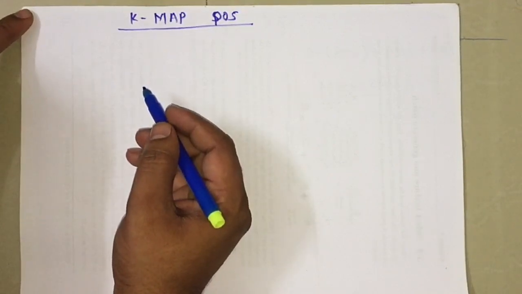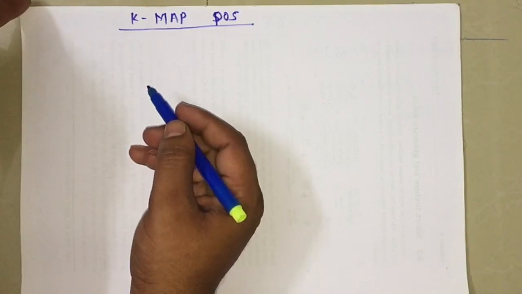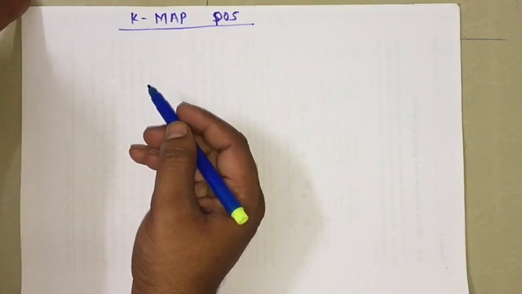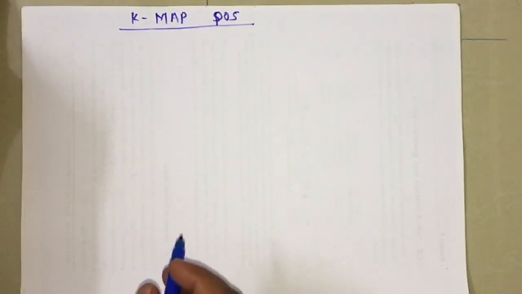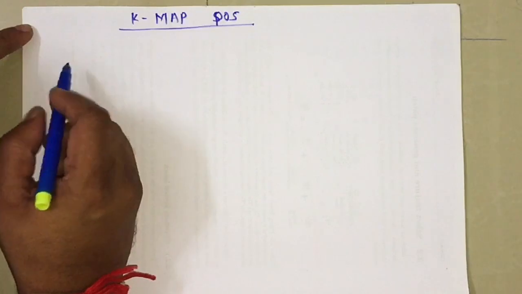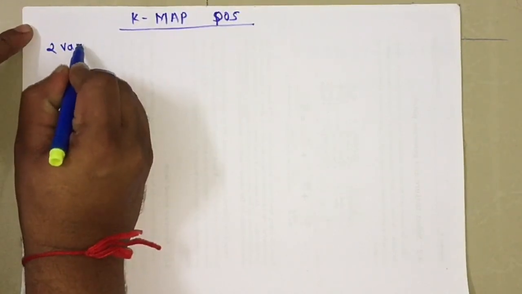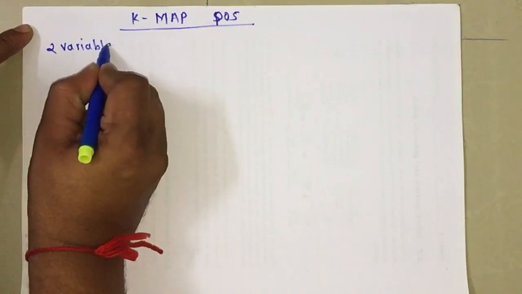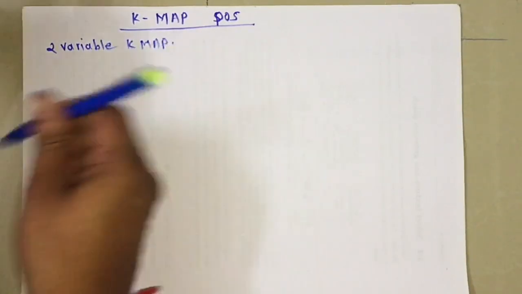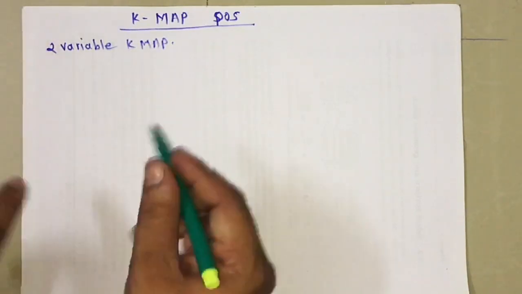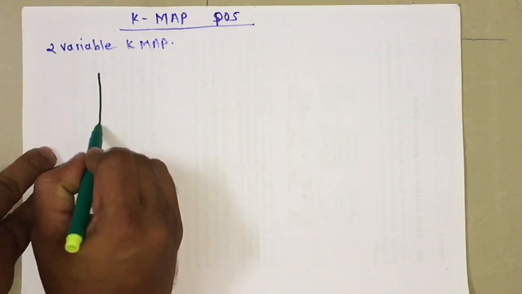Okay, so again the rules that are used in the K-map for SOP type of equation are also applicable for the POS type. So let us consider the first 2 variable K-map. For 2 variable K-map we want 4 square boxes.